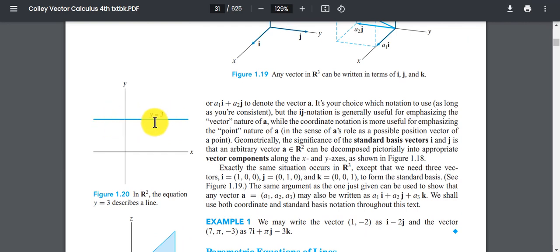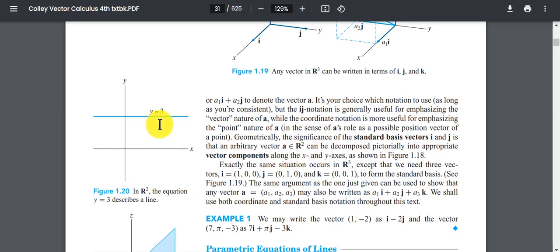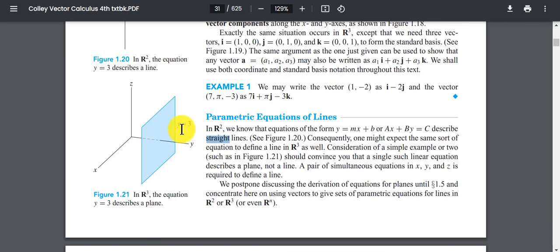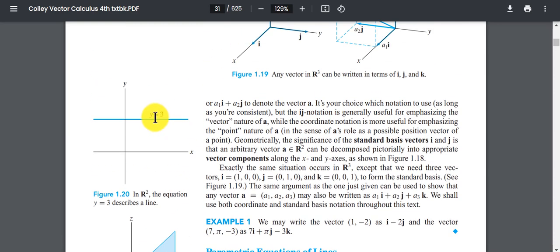But if we take y equals 3 and use that in 3 dimensions, we don't get a line anymore. We get a plane. Because when we say y equals 3, we mean we don't care what x is, y is always equal to 3. This equation doesn't have an x in it, so y is not dependent on x. It's always 3. So we get this horizontal line.